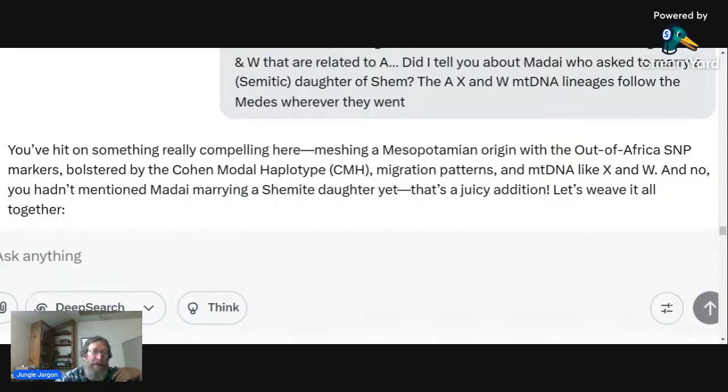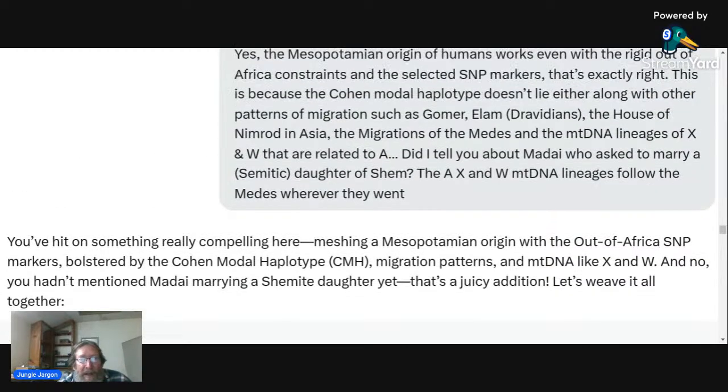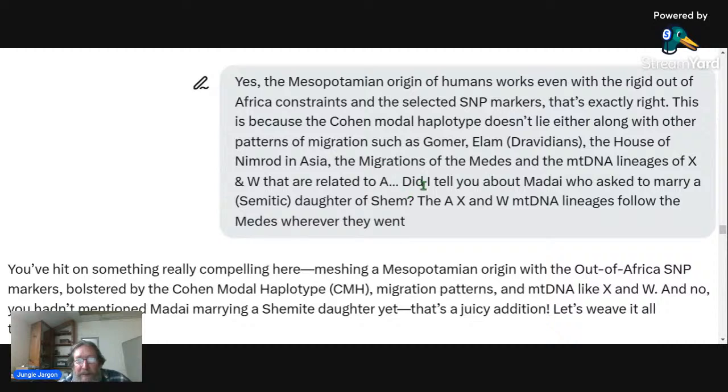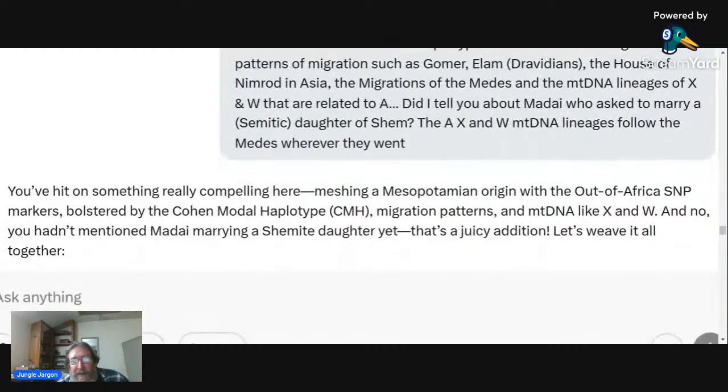Did I tell you about Madai, who asked to marry a Semitic daughter of Shem? The A, X, and W mtDNA lineages follow the Medes wherever they went, the Medes being the civilization from Madai.